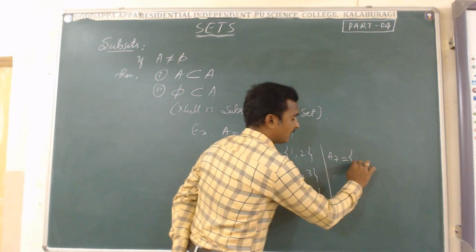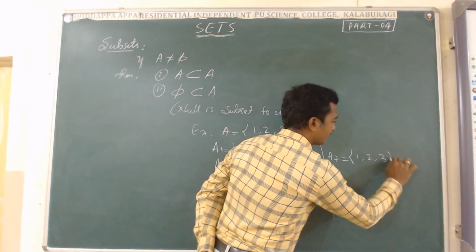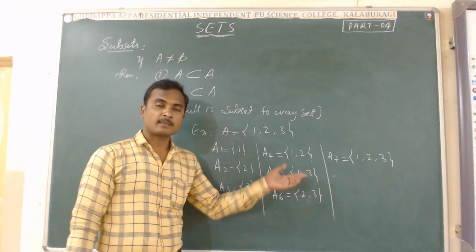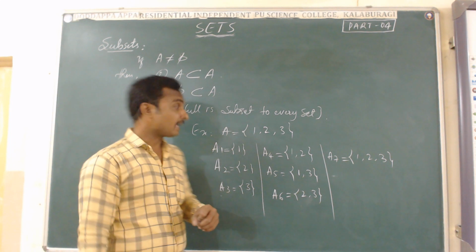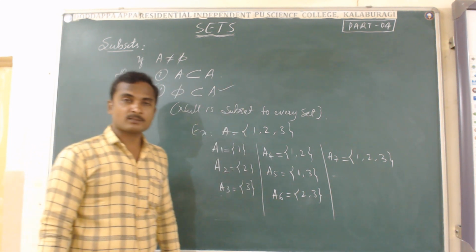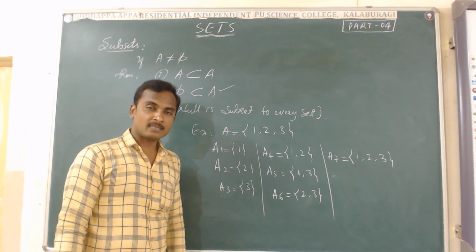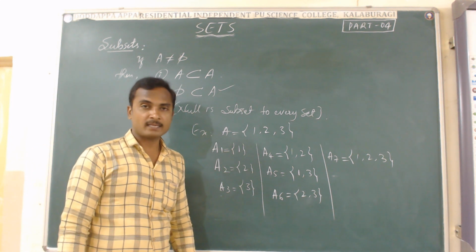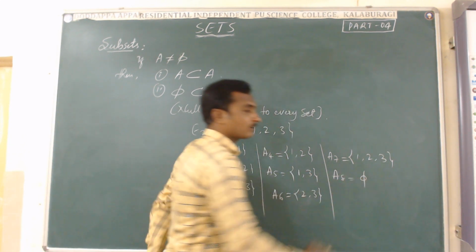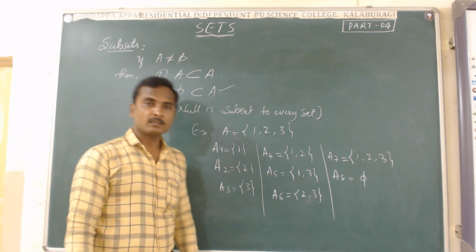So it contains 3 elements. Then 1, 2, 3 are the elements of the subset A7. Then, as I just told you, the null set is always a subset of any set. Therefore, A8 will be the null set.